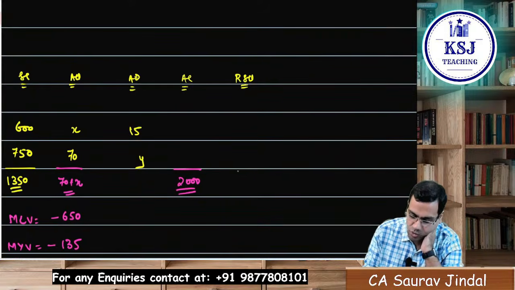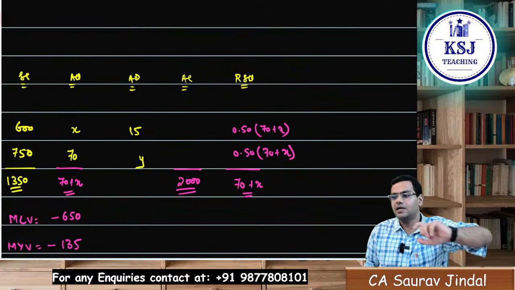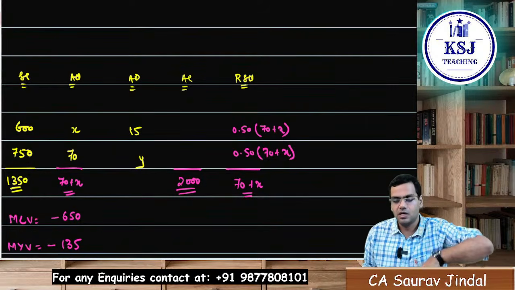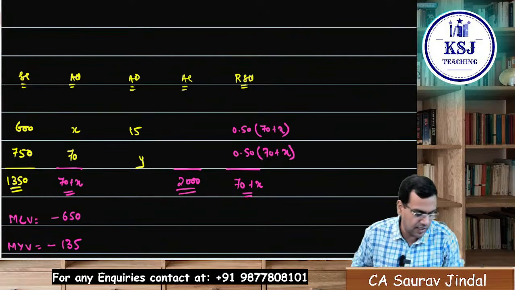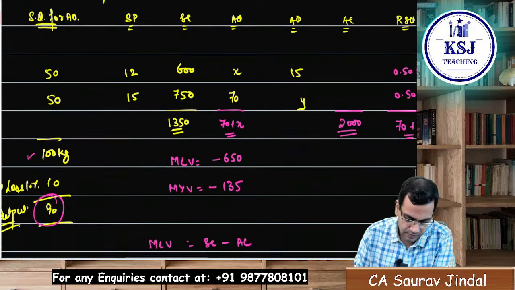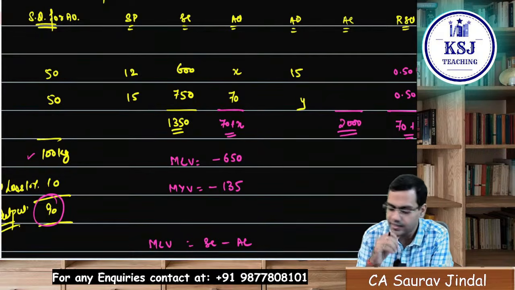So the total revised standard quantity will be 70 plus x distributed as 0.50 into 70 plus x and 0.50 into 70 plus x. 70 plus x is the total actual quantity distributed in the ratio of the standards, 50% and 50%, right? Clear?